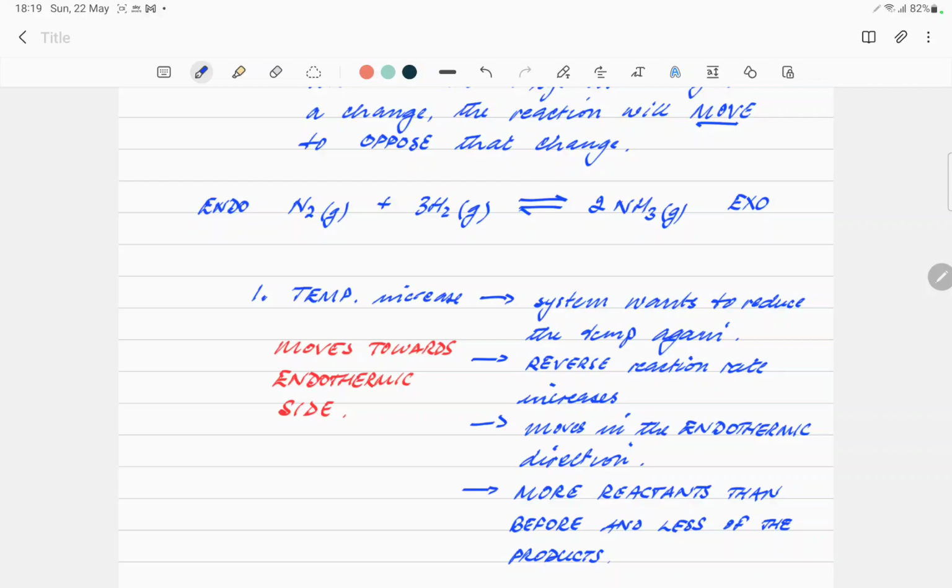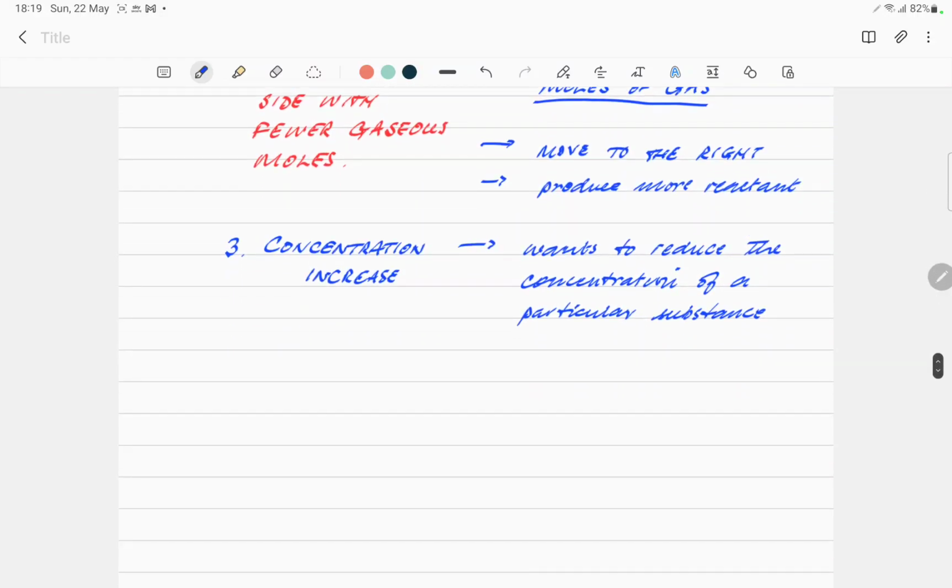So again, it will move to the other side of the substance whose concentration has increased.